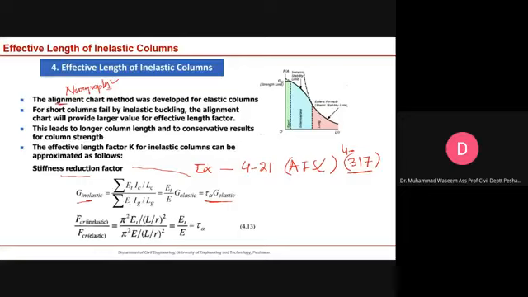Now this tau value is equal to the ratio of critical inelastic and elastic critical stresses. And actually it comes out to be a ratio between the tangent modulus and the elastic Young's modulus.